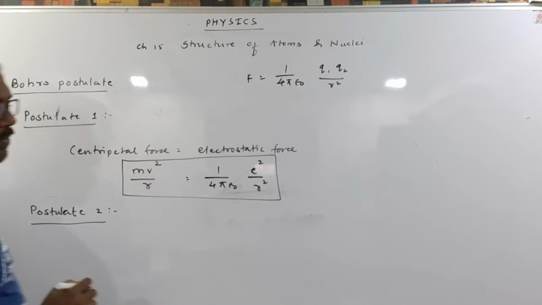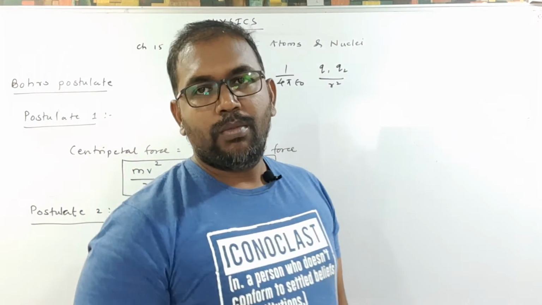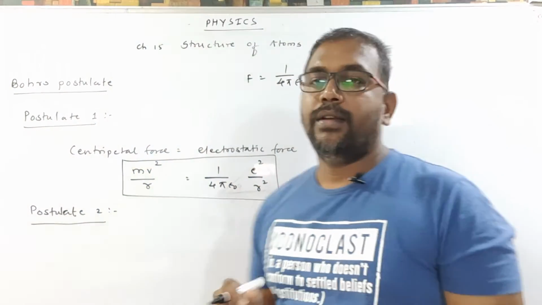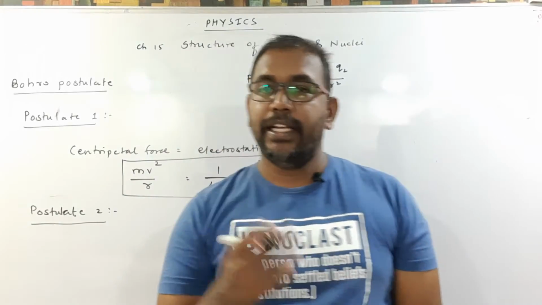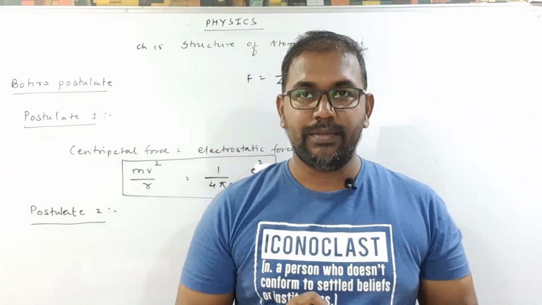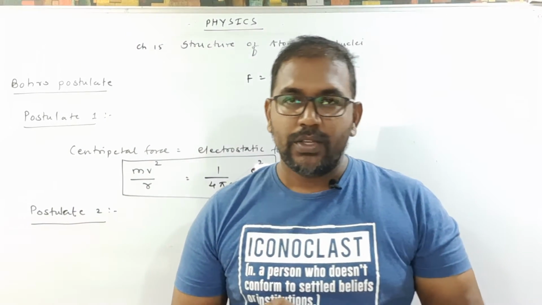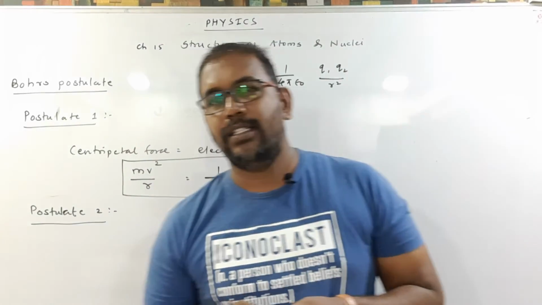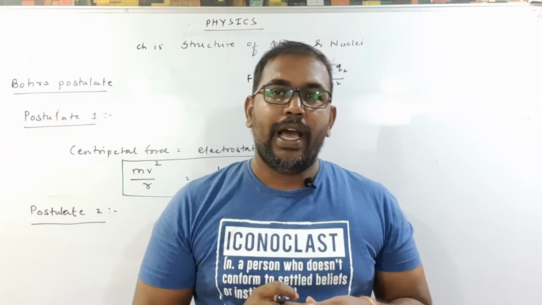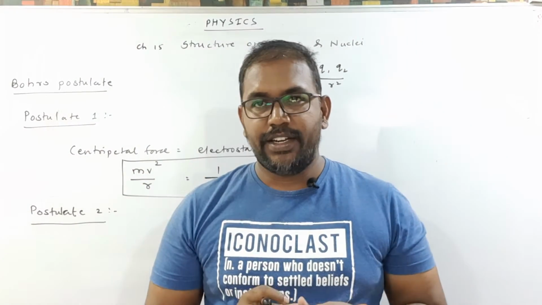Bohr's postulate 2. In postulate 2, Bohr wrote that a revolving electron does not radiate energy. You know that the electron is an accelerating charge. According to Rutherford, all accelerating charges radiate energy.